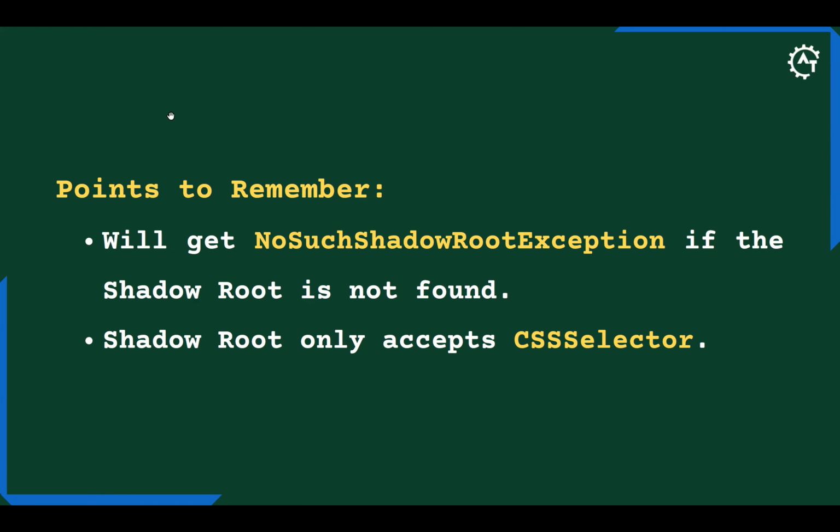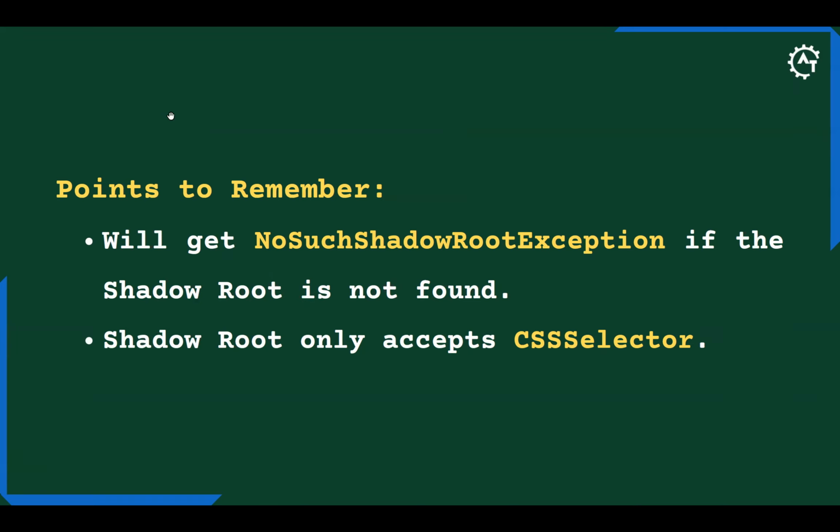And inside the ShadowRoot, if you want to access some elements, then you need to use only CSS selector. XPath and other things will not be available. Okay. So that is the theory.